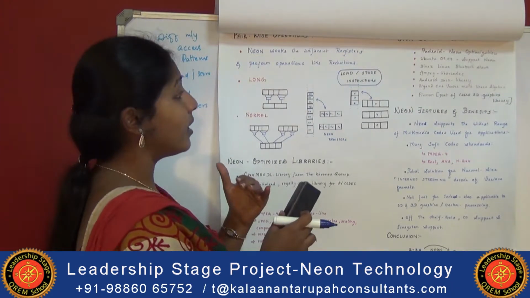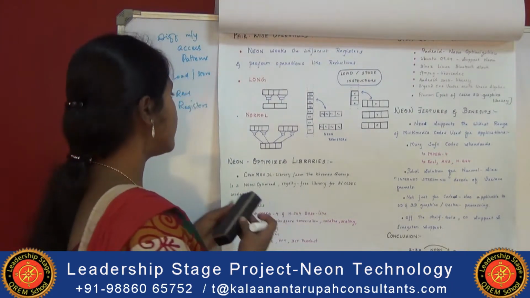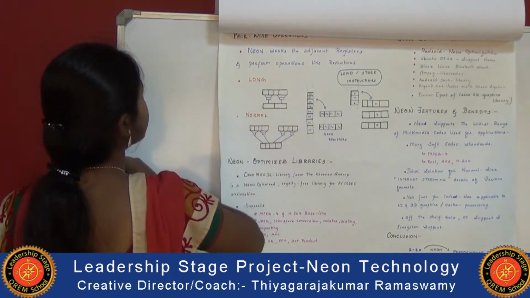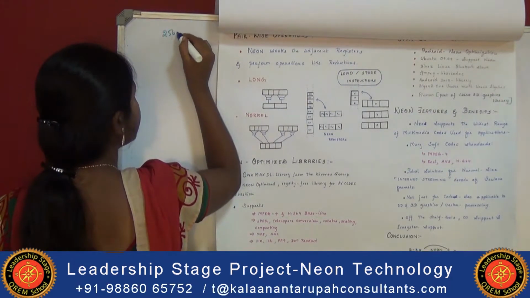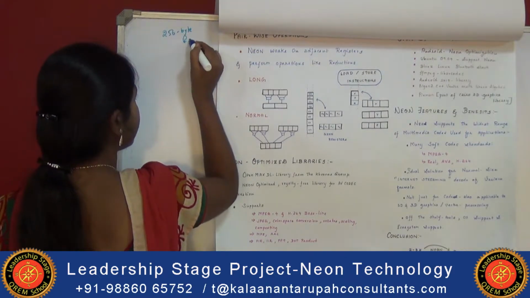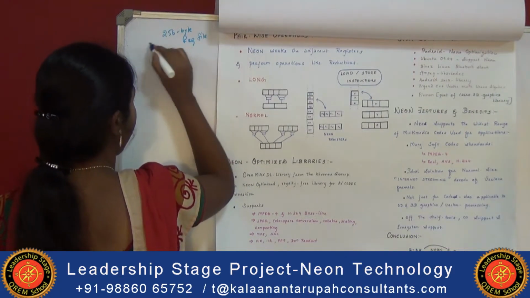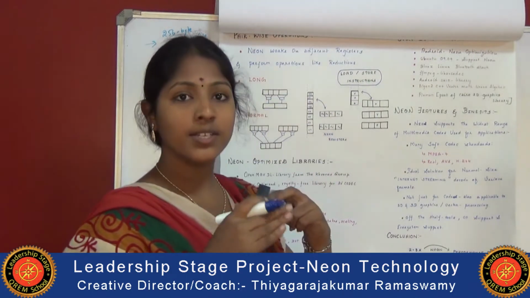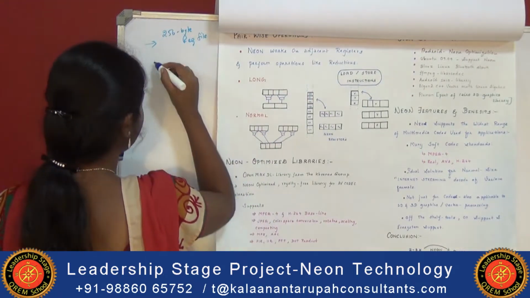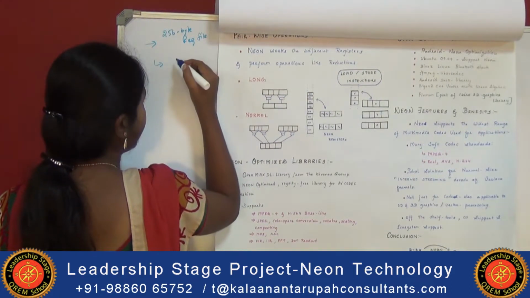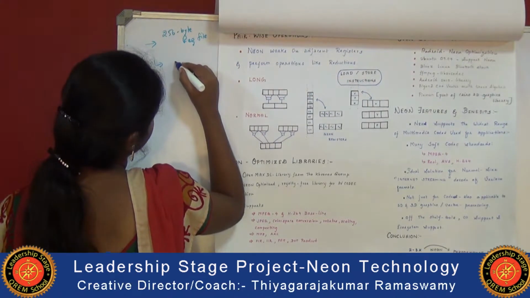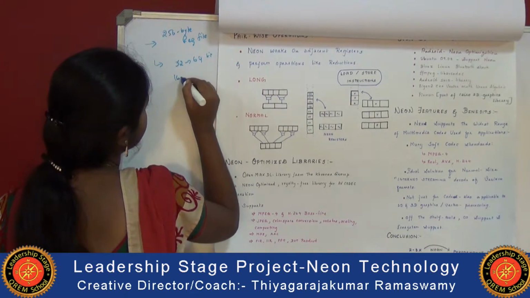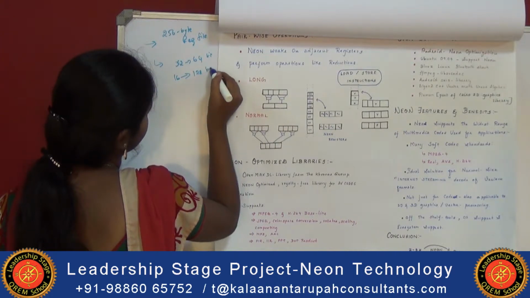And the main thing in NEON is the NEON coprocessor register. NEON has a coprocessor register. It has a 256 byte register file, and using NEON, there are two ways in which registers can be allocated. The first is that it can be given as 32 64-bit registers or 16 128-bit registers.